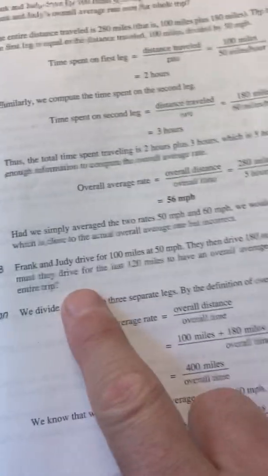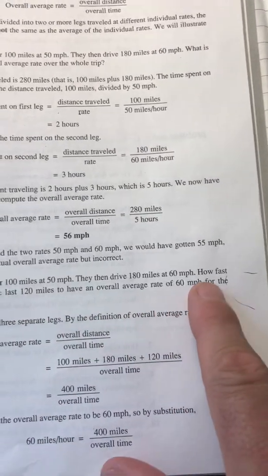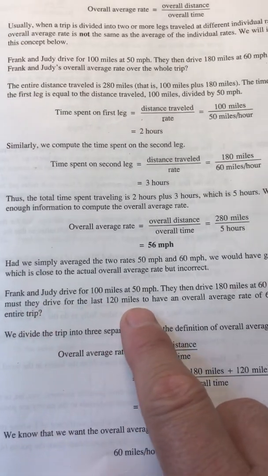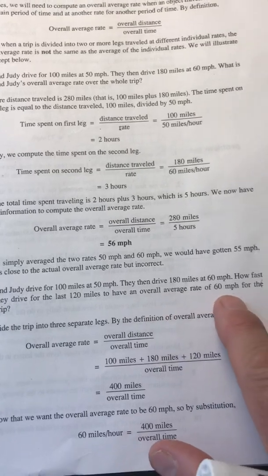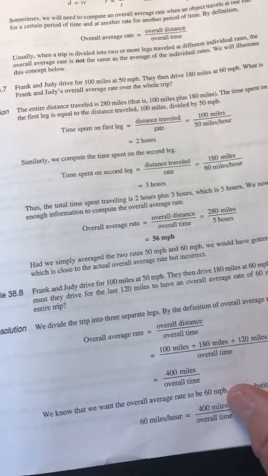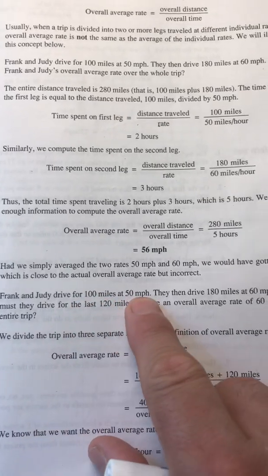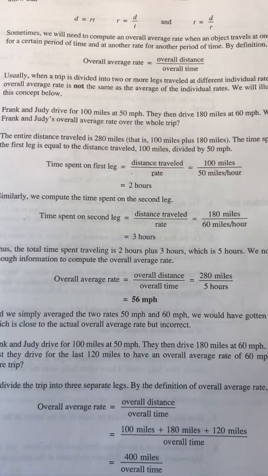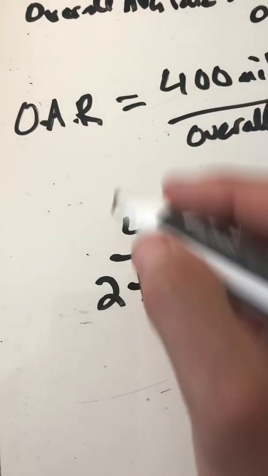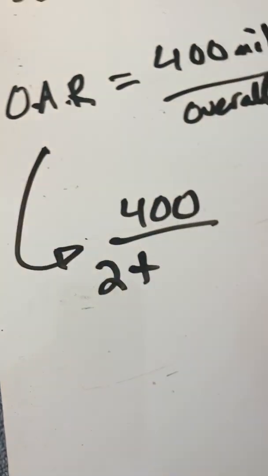Well, let's see. How fast did they have to drive for the last 120 miles to have an overall average rate of 60? They want the overall average rate to be 60. Well, we know the first leg took 2 hours, right? The overall average rate is overall distance divided by overall time.